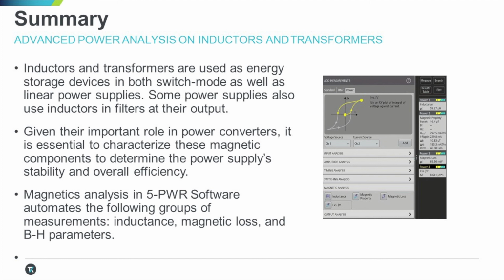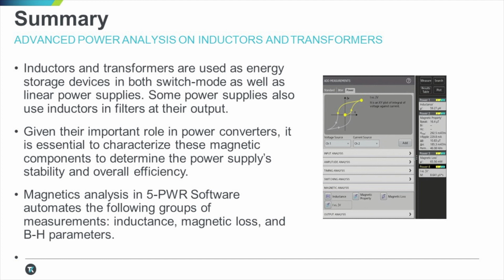Now, inductors and transformers are used as energy storage devices and are critical in switch mode power supplies, as well as linear power supplies. And some power supplies are also using inductors as filters in their outputs. But in the end, given the importance in power converters and the growing trends of magnetics and such things as wireless charging, it is essential to characterize these magnetic components properly to determine the power supply stability and overall efficiency.